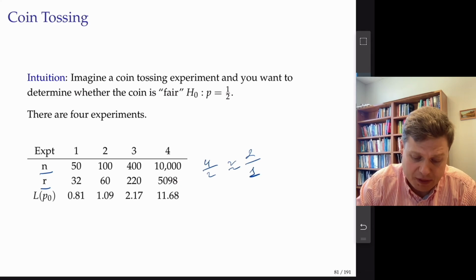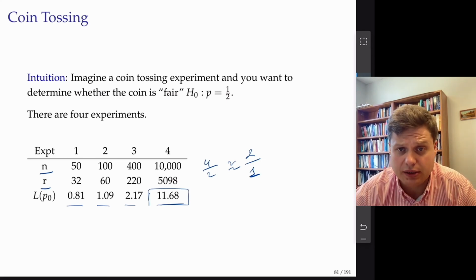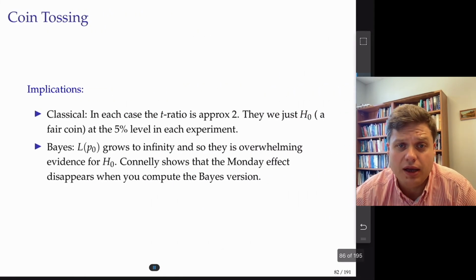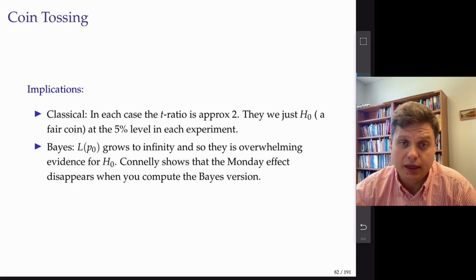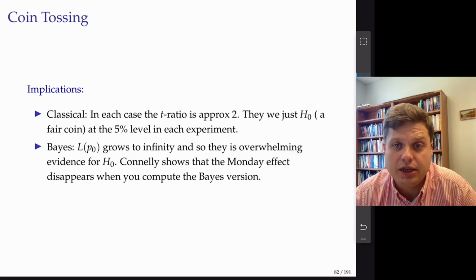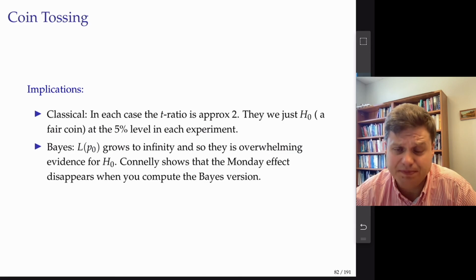You see, the more tosses you make, the more favored the null hypothesis looks under the Bayes condition. In the classical case, in each case the t ratio is approximately 2, and we reject the null hypothesis, a fair coin, at the 5% level. Under the Bayes modeling, the likelihood ratio grows to infinity, so you overwhelmingly get evidence towards the null hypothesis H0.